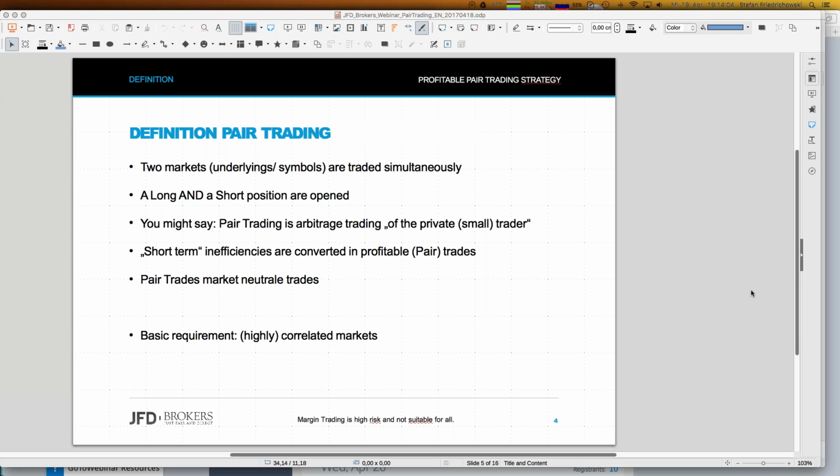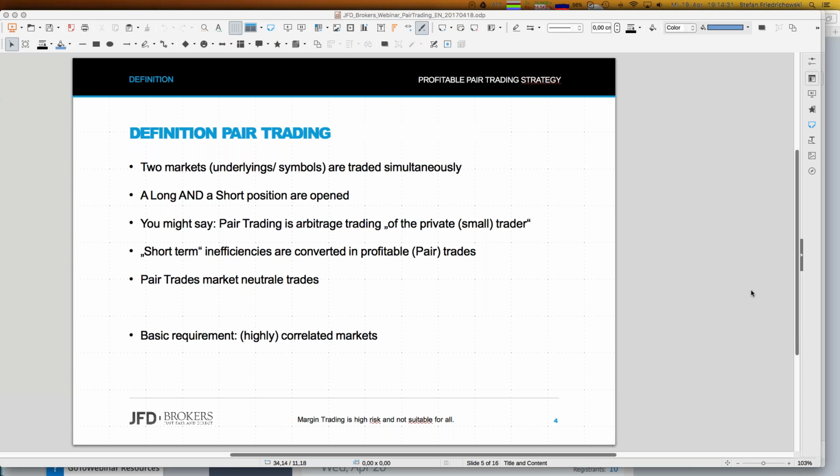So for us, for private traders, there are hundreds of other kinds of arbitrage trading, but totally different. In that case, you might have a speed advantage from one stock to the other one, maybe between New York and Chicago, and you know already a little bit of the price in the next milliseconds. That is a typical arbitrage trading. But in this case, we do something similar, but on a totally different time scale.